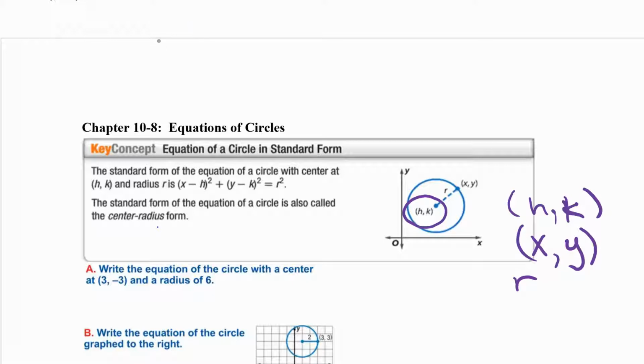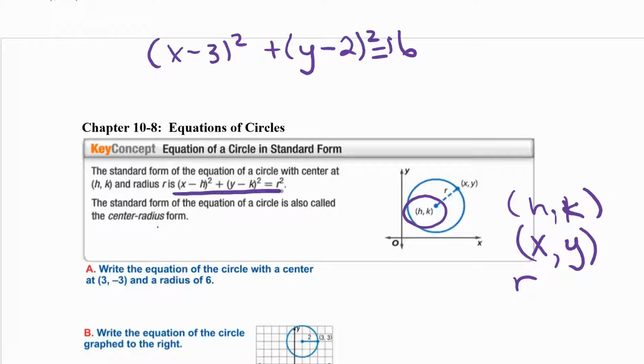So if I gave you (x - 3) squared plus (y - 2) squared equals 16, then looking at the equation of our circle, this would be our h, this would be our k, and this would be the radius squared. So the center of our circle would be (3, 2), and the radius would be the square root of 16, which is 4.